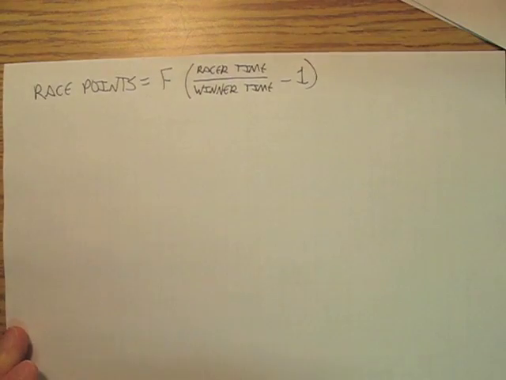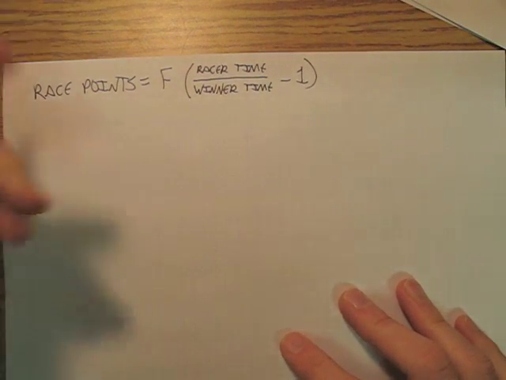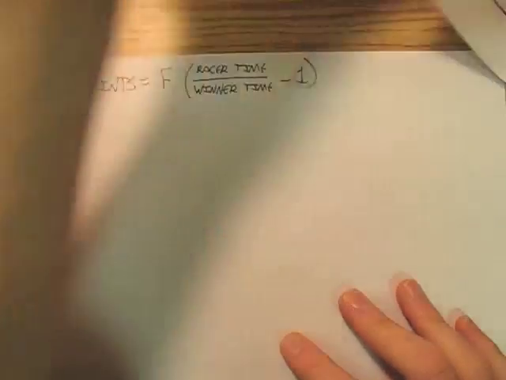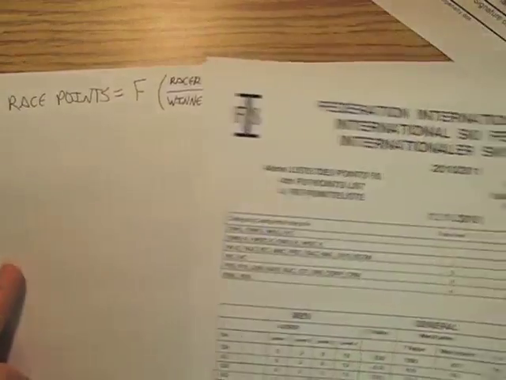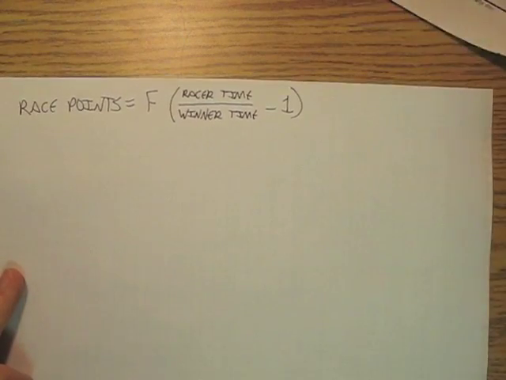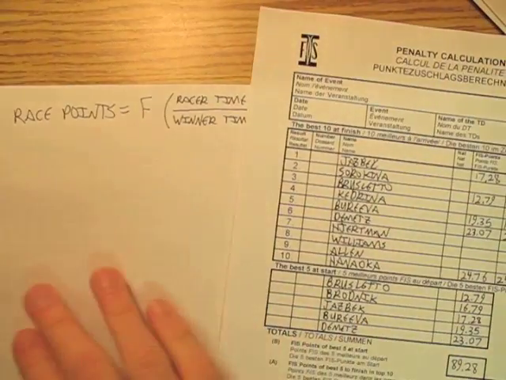That's going to be the race points. So now my F factor, so let's look, we're going to look at Brusletto.